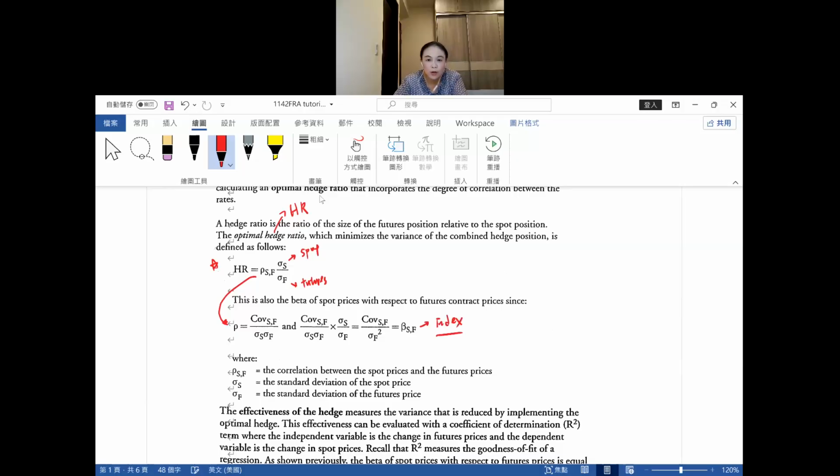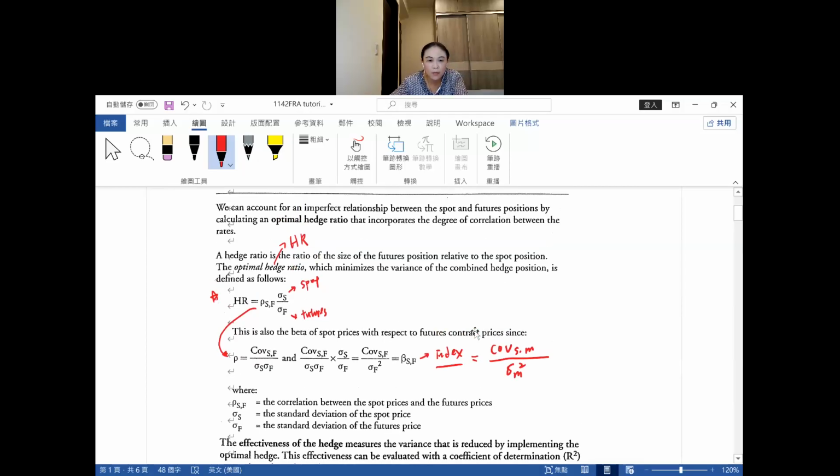If we are hedging with index futures, normally we will use the beta directly, which is the covariance between the spot and the market, divided by sigma M squared, where F is literally the market index. This is the generalized model: covariance SF divided by sigma F squared.